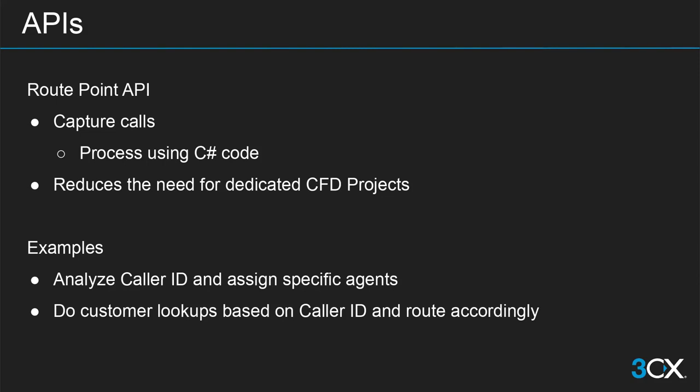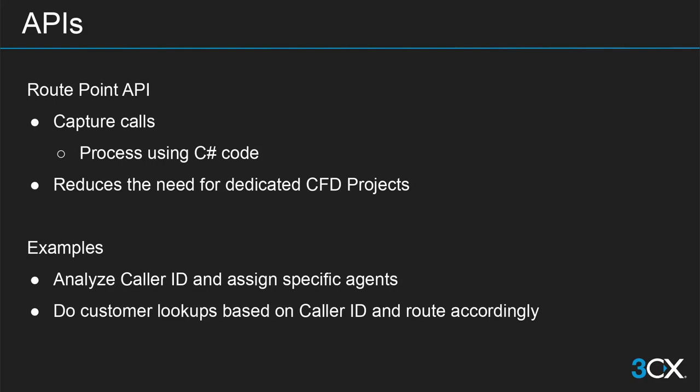Another use of the CFD that is commonly used is to be able to capture the calls and process them based on certain information, namely a caller ID of someone. With the RoutePoint API that we have released, you can capture the calls and do the processing based on some C# code. So you don't need to have a dedicated CFD project for this.